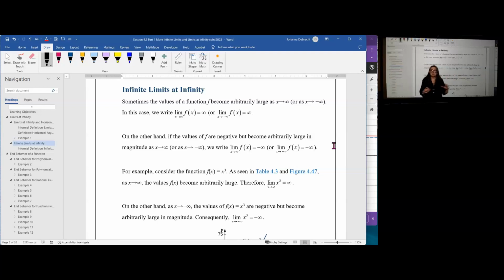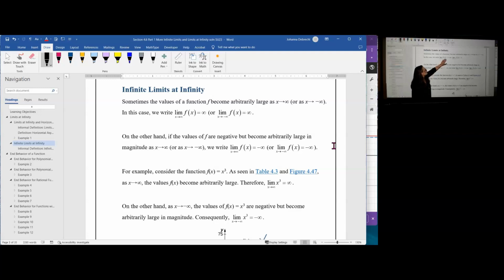Combining the two, it means the end behavior of the graph has to be going up forever, down forever, or one up, one down forever. So an infinite limit at infinity is somewhat similar to the graph of x squared or x cubed. In both cases, the end behavior approaches infinity or negative infinity.